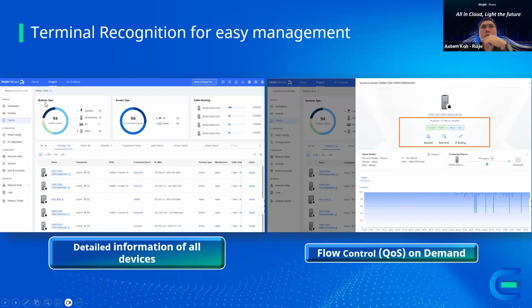So why do we show all the devices to your customer? Because some customers like to monitor, while some of you may not bother about this. But some customers like to monitor the clients themselves: what is the status of this client, what they are doing, and why they have high download or upload bandwidth.